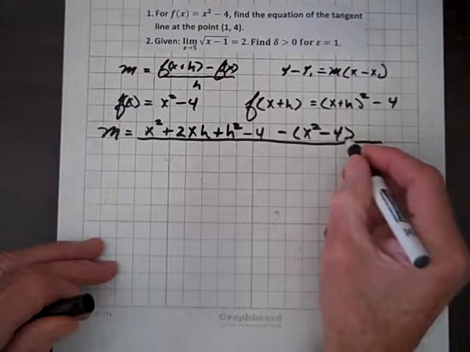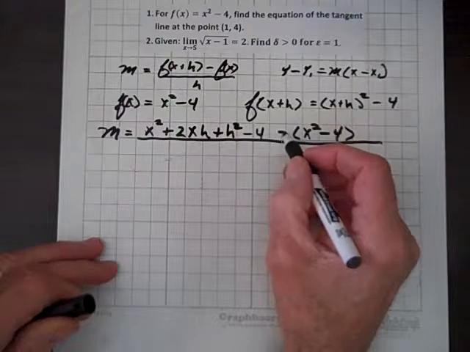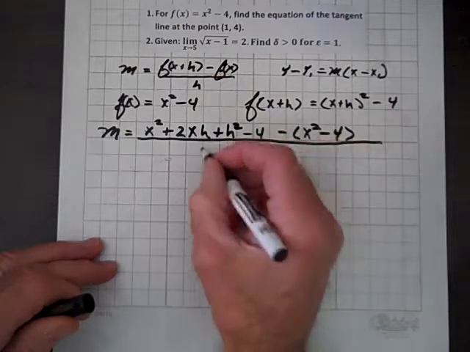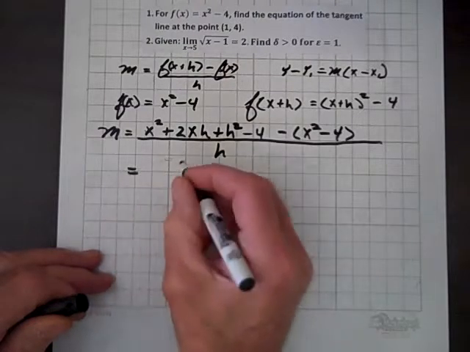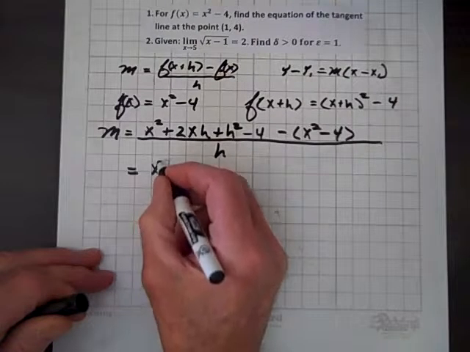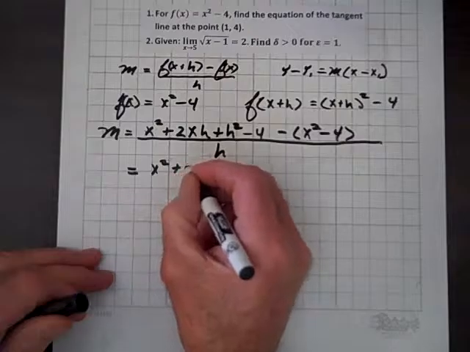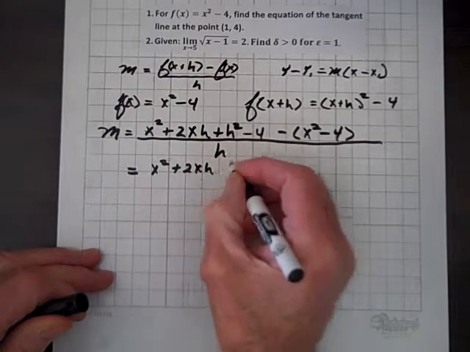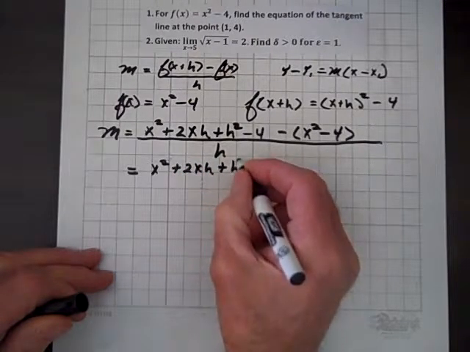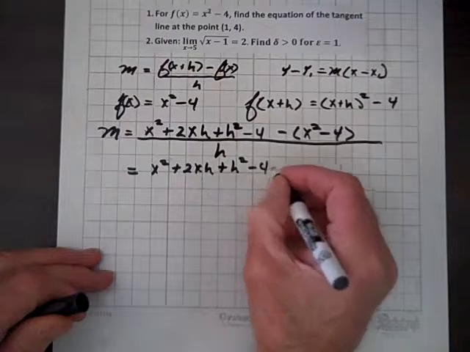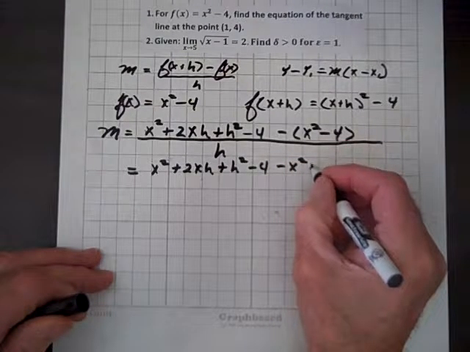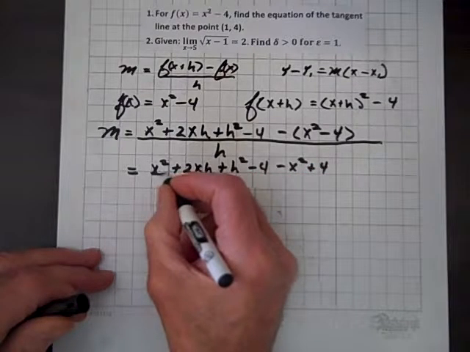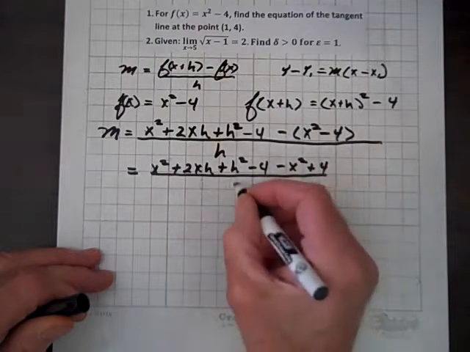It's important you install the parentheses so you remember to distribute that negative. Downstairs we have an h. So we have x squared plus 2xh plus h squared minus 4 minus x squared, and minus times a minus is a plus 4, and our denominator is h.